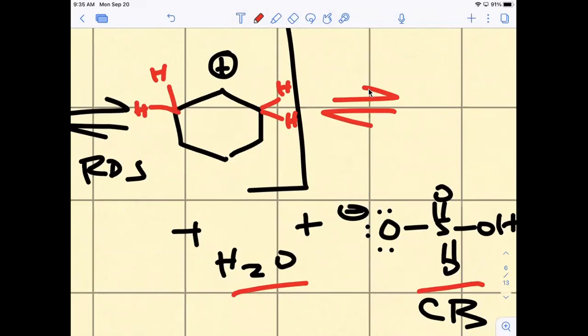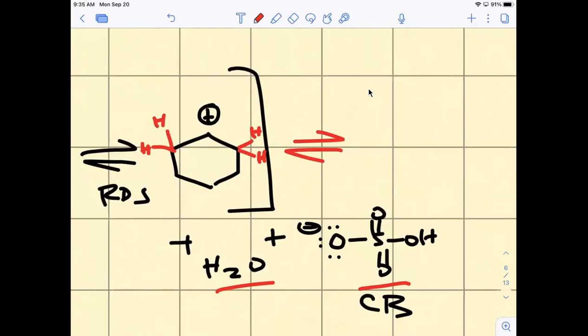Because even though there's not a formal base present, you still need something basic to do proton transfer, right? So sometimes it can be your conjugate base from your acid or water. Water can be both an acid and a base, right? So, but for this case, we're just going to use the conjugate base from sulfuric acid.